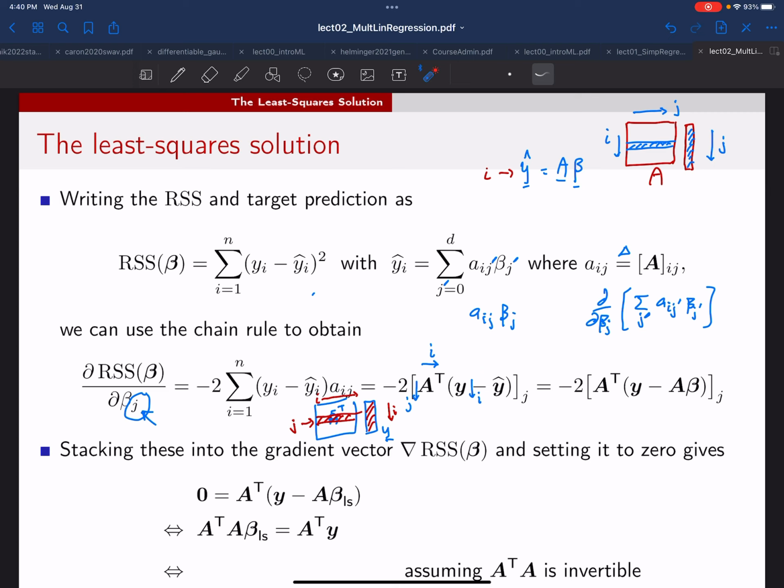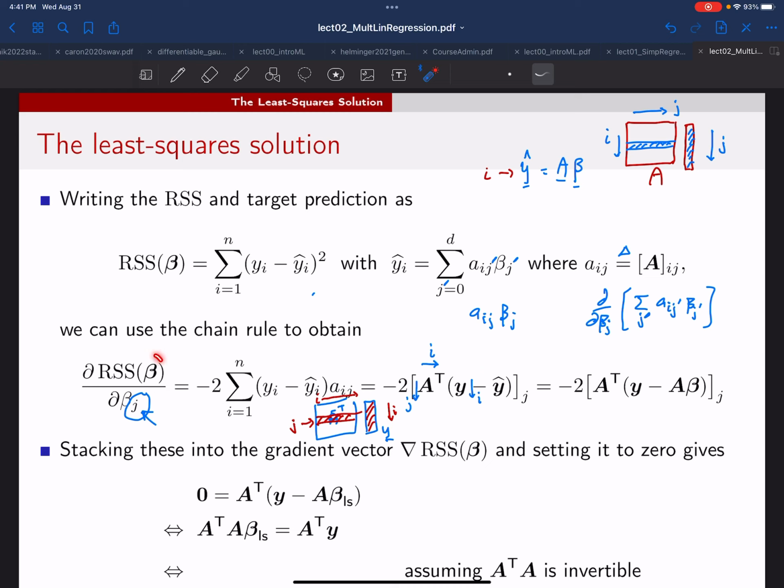Basically, this thing is like the jth element of this vector. So this is the jth element of the gradient equals this. We can go one step further and plug in the expression for y hat, which is A times beta, to rewrite it like this. The reason I'm doing this is I essentially want to describe this as a vector.